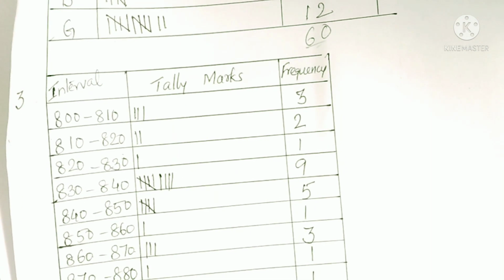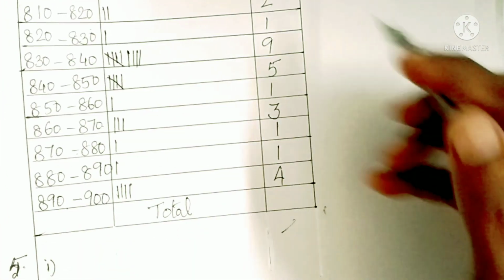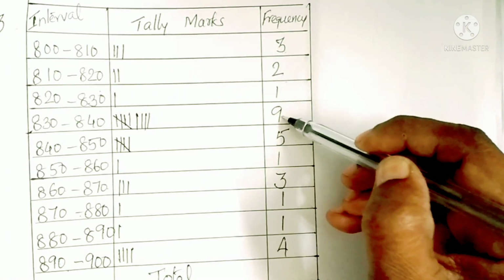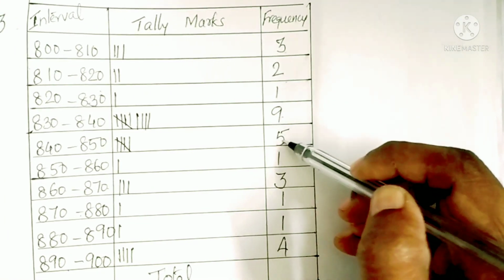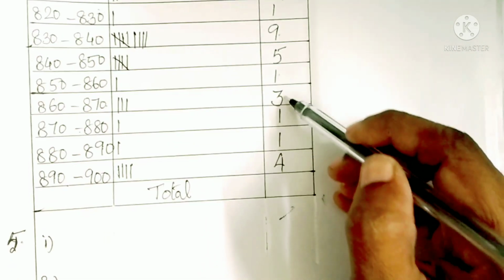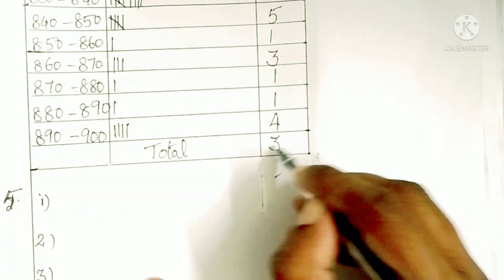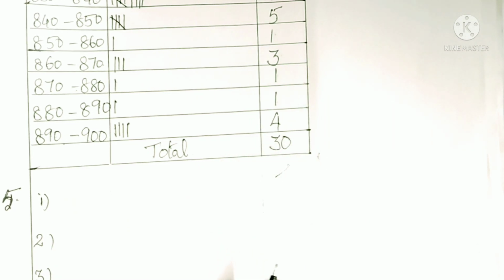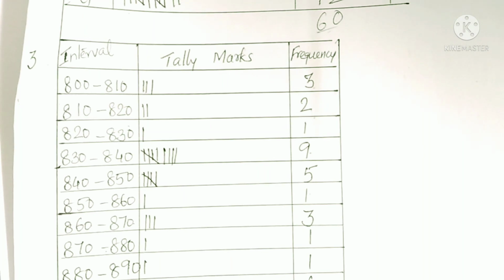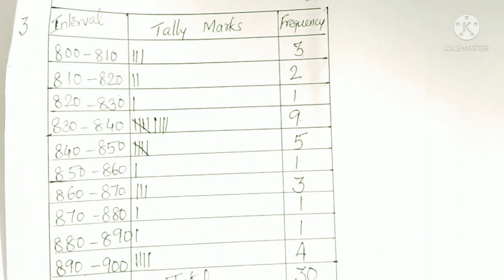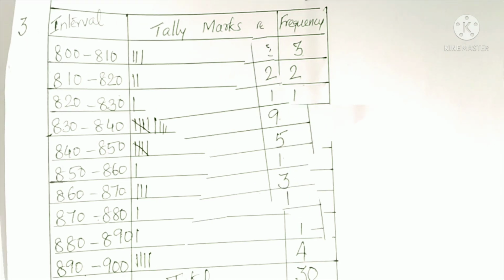Now to find the total, how will you find the total? We will add all this. You see here 3 plus 2, 5 plus 1, 6, 6 plus 9, 15, 20, 21, 24, 25, 26 plus 4, 30 people. So 30 people, what did they get? Okay, the complete picture is here. This is called a frequency distribution table.